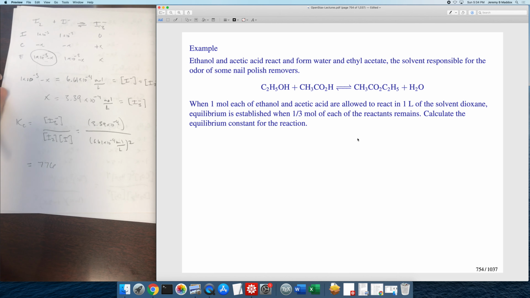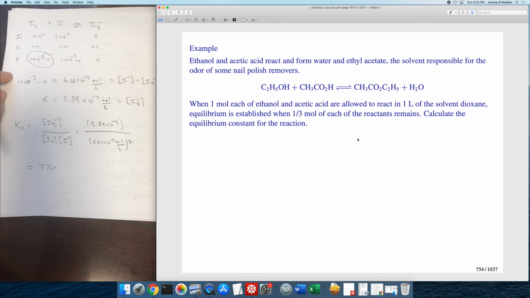Let's take a look at this one. So we have another reaction here. We've got 1 mole per liter of ethanol and acetic acid. When equilibrium is established, 1/3 of each reactant remains. Calculate the equilibrium constant for this reaction.